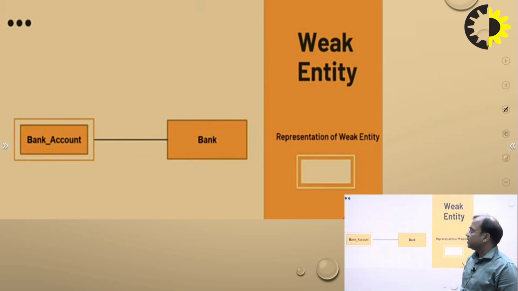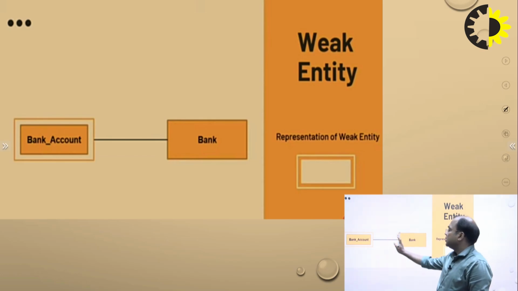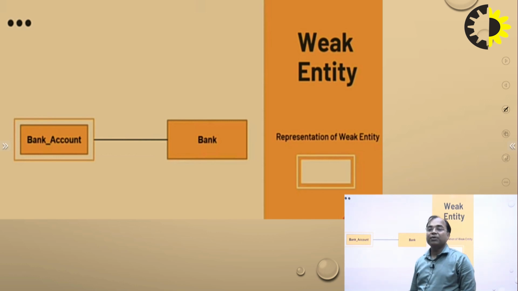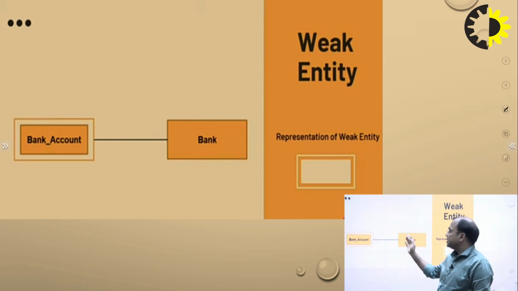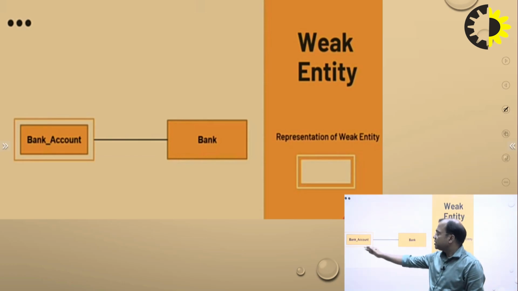So we can say the bank account depends on bank. If any entity fully depends on another entity, then it is a weak entity. Without bank, there is no existence of this account number. Clear? So bank account depends on bank.